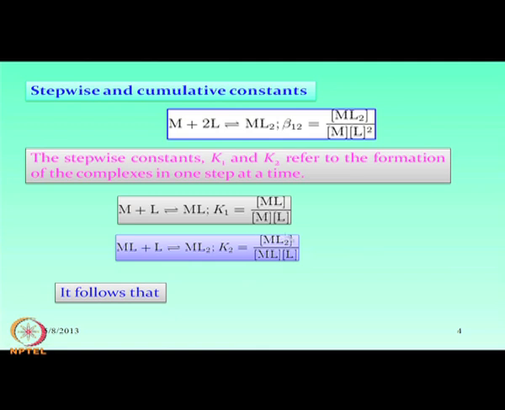We get the product of these two. The product of K1 and K2 is basically the beta 1 2. So, that gives us some idea that the product of the stepwise formation constants is the corresponding cumulative constant for the complex formation.